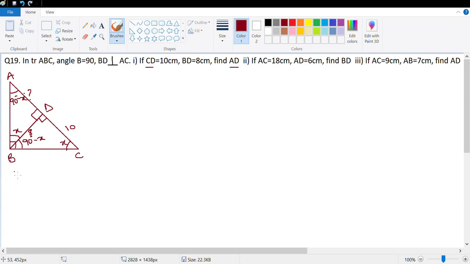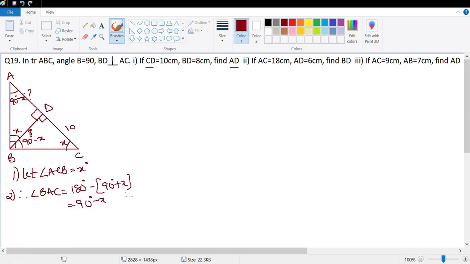Okay, point number 1, let angle ACB is equal to X degree. So therefore angle BAC is equal to 180 degree minus 90 degree plus X, which is equal to 90 degree minus X. The reason for this is angle sum property in the big triangle.